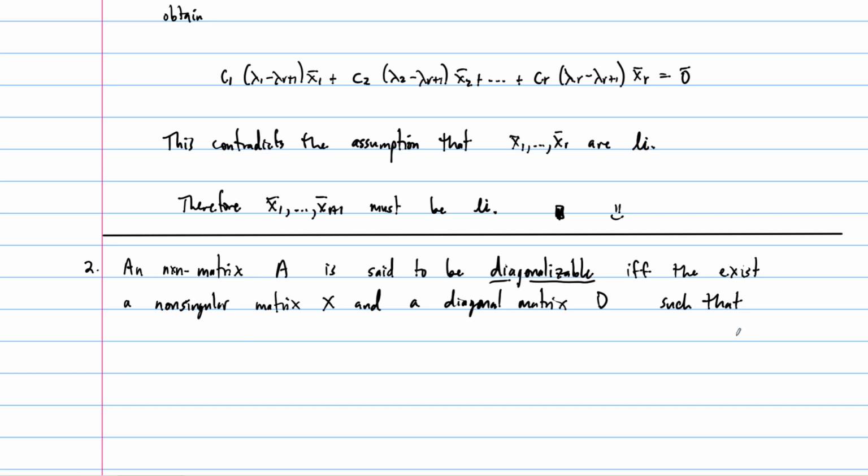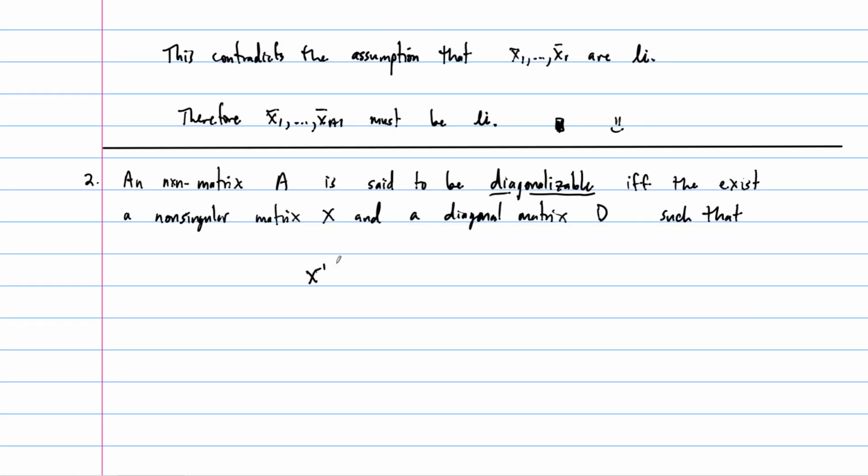So the definition is that X inverse times A times X is equal to that diagonal matrix.